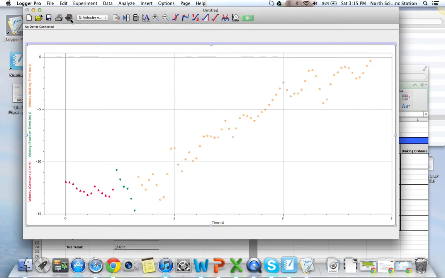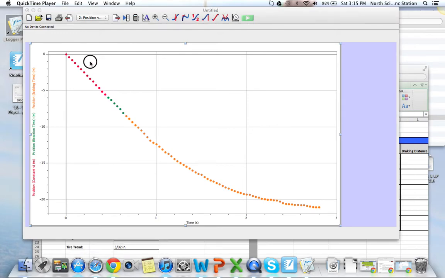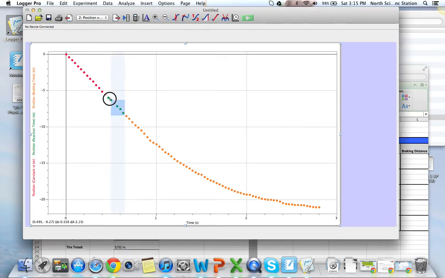Now, one last thing I do want to show you, and this is going to help you with your analysis. When you go through and you want to analyze the reaction time, let's say, you click and drag so you have the little dark blue box only on that reaction time, literally at the bottom of it all the way up to the upper corner.